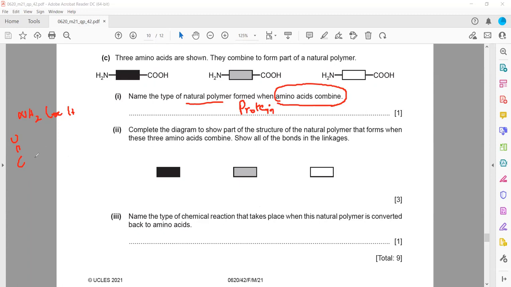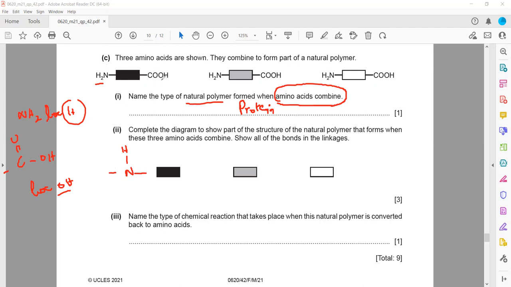The carboxylic acid, it contains C double bonded with O and OH. So for polymerization to occur, the amines will lose an H and the carboxylic acid will lose its OH. So what we have to do, like NH2 is there, so one of the H should be removed, only one, not both of them. So this will be N, and we have to show all the bonds. So that's why first it was NH2, but one of the hydrogens is removed.